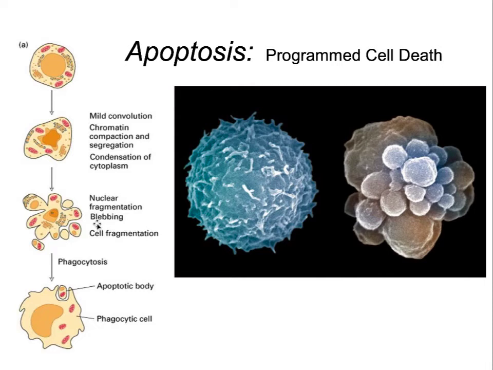So the blebbing is mentioned here. And after that, as the parts of the cell fall apart, other cells come along and they consume these blebs through phagocytosis. So the blebs basically cut the cell into small pieces which can then be eaten by other cells.